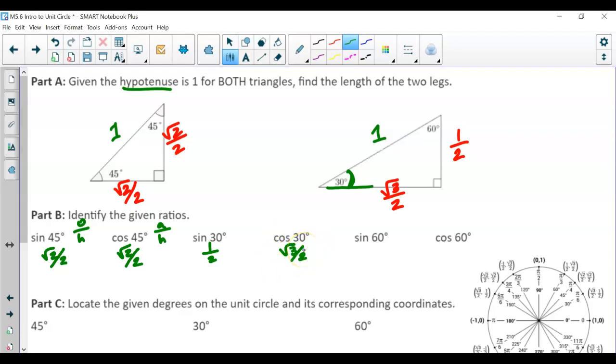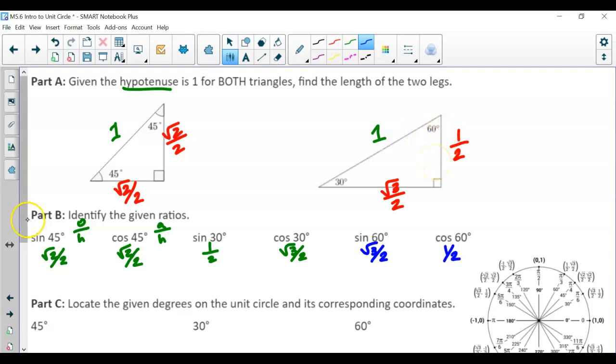So just radical 3 over 2. Then sine of 60 degrees. Well, opposite is now radical 3 over 2 divided by the hypotenuse of 1. So leave it. And cosine adjacent. So that is 1/2 over 1, which is just, again, 1/2.